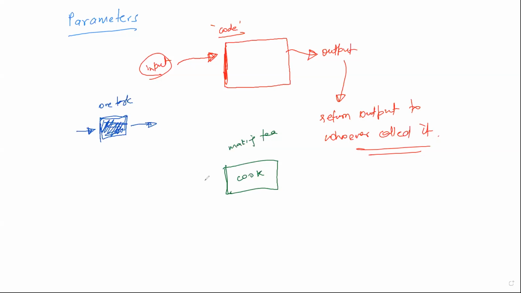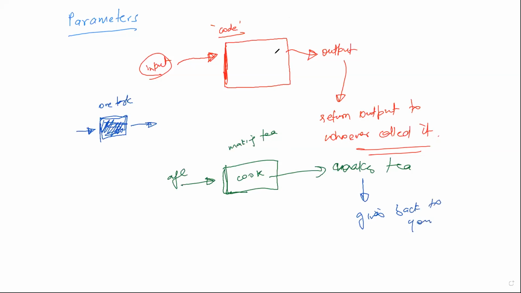And if a person is 65 to 75, he'll add a lesser amount of sugar, and so forth. So basically, what this cook does is take some information called age, generate tea, I mean, let's say make tea, and give it back to you.